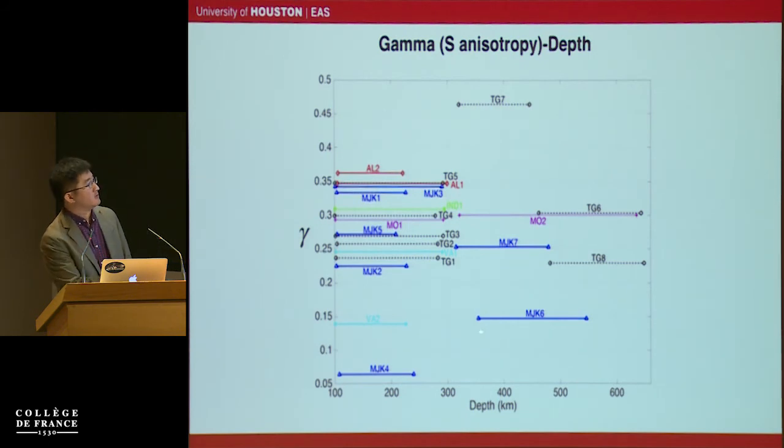For example, this one is 350 to 550. And those are the Mariana, Japan, Kuril group 6, Tonga group 8, Tonga group 6, Tonga 7. Most of them, if you look at the anisotropies, are concentrated around this region, about 25%, 0.25.